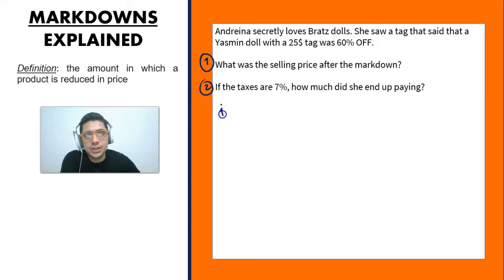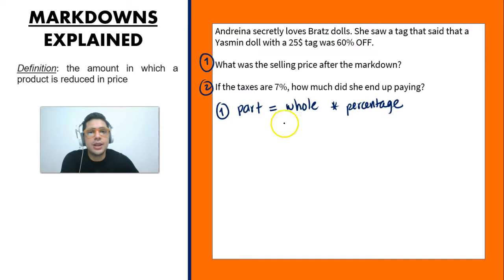The first thing we're going to do is find the selling price after the markdown. We know that the part is equal to the whole multiplied by the percentage. So the part, or the discount, is equal to the whole, which was the original price, $25, multiplied by the percentage.